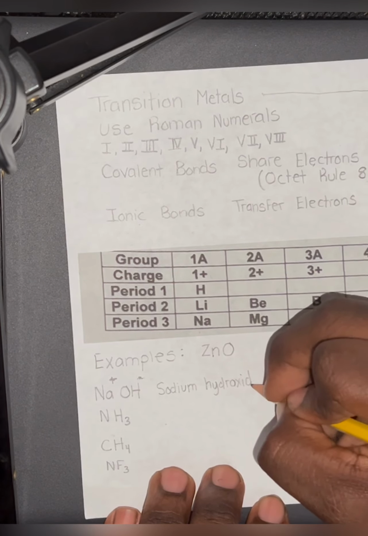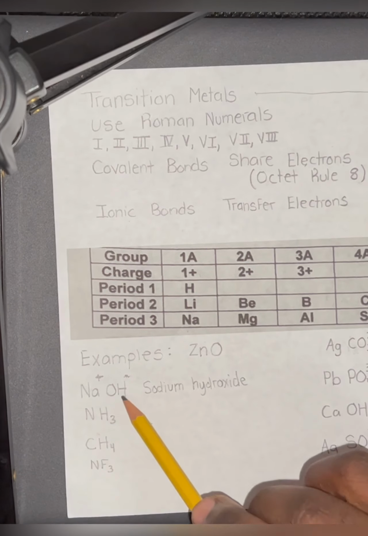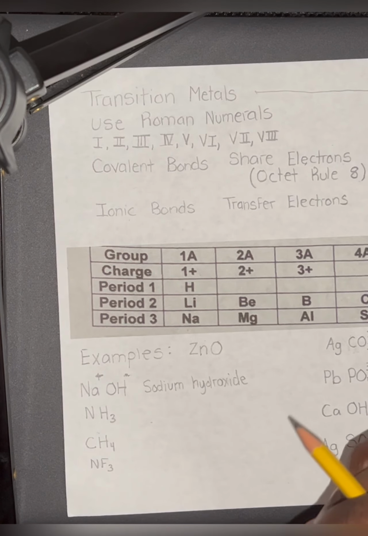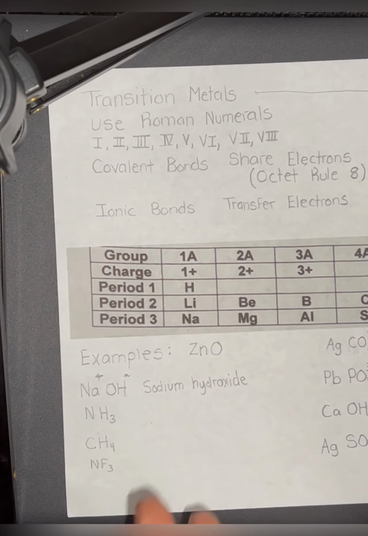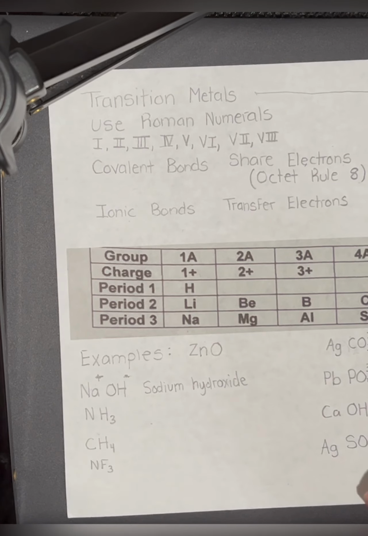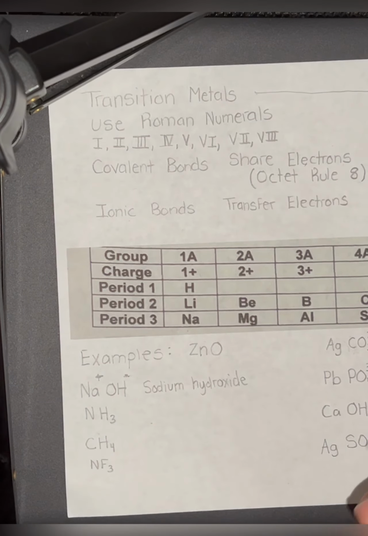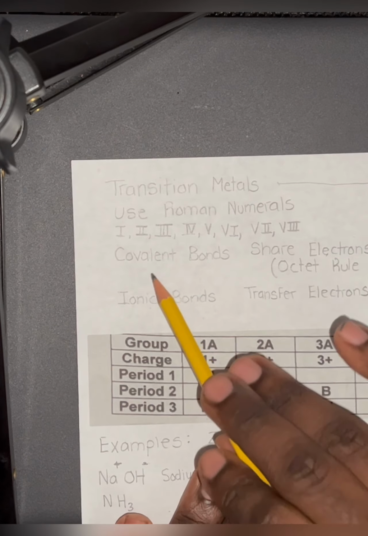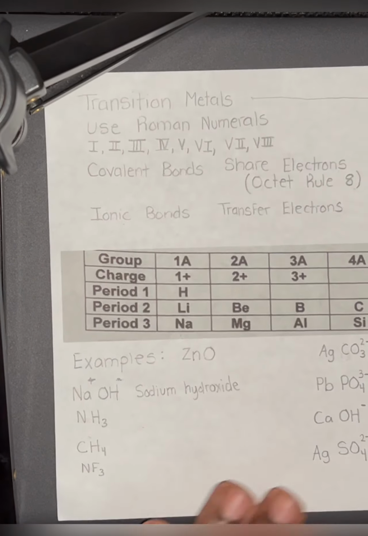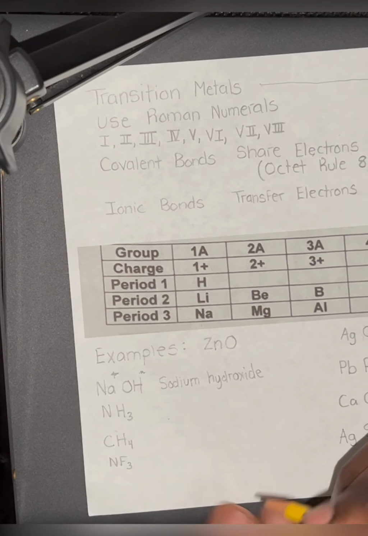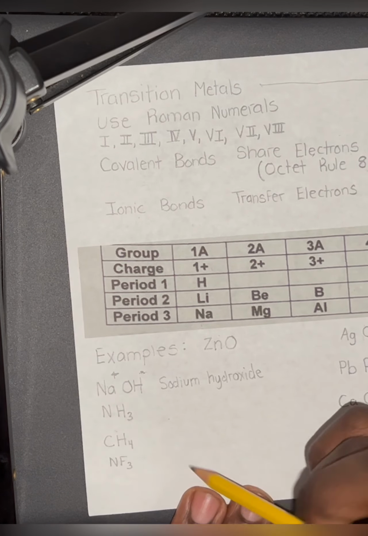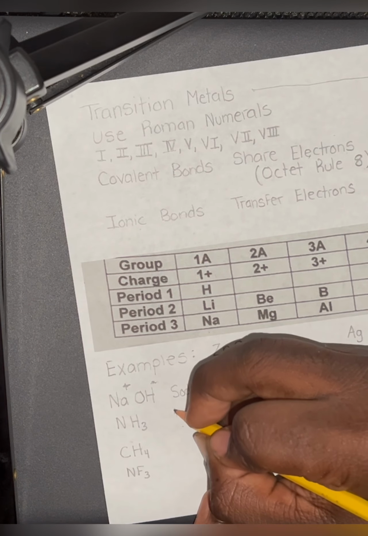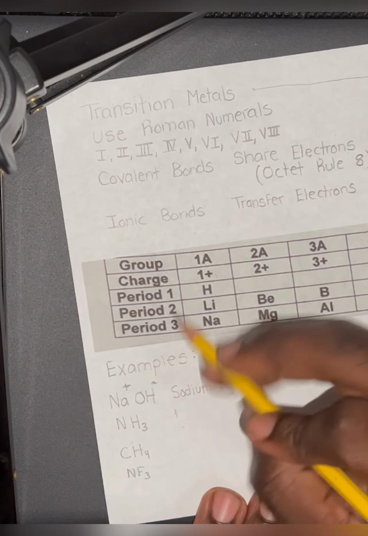That's an ionic compound, a metal and a non-metal. When it's ionic compounds, you don't use the prefixes mono, di, tri, tetra, hepta, deca. You only use those in covalent compounds. So let's do this one. This is covalent. This one would be nitrogen trihydride, but you just call it ammonia.